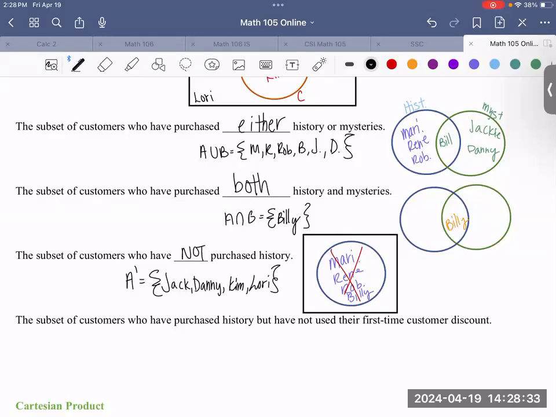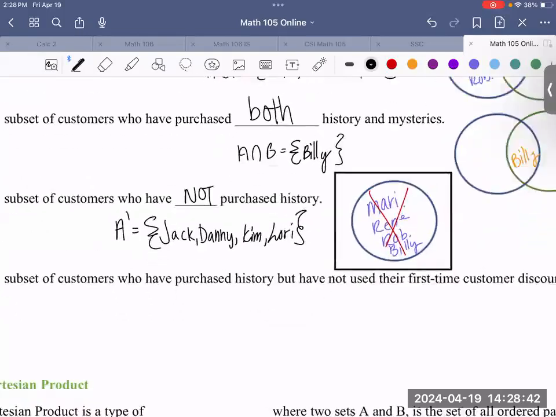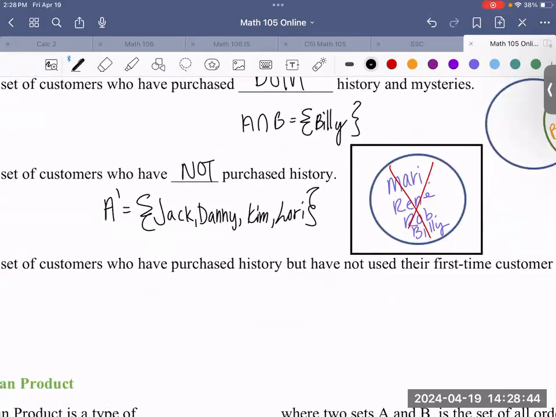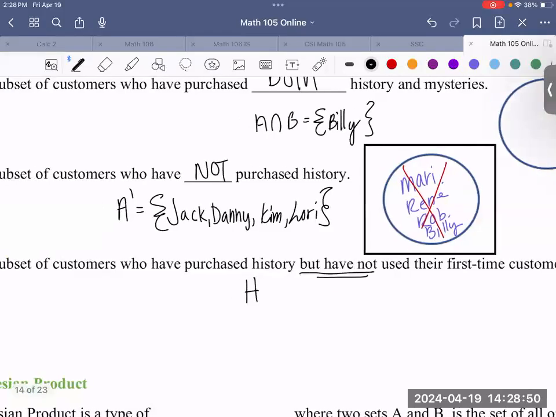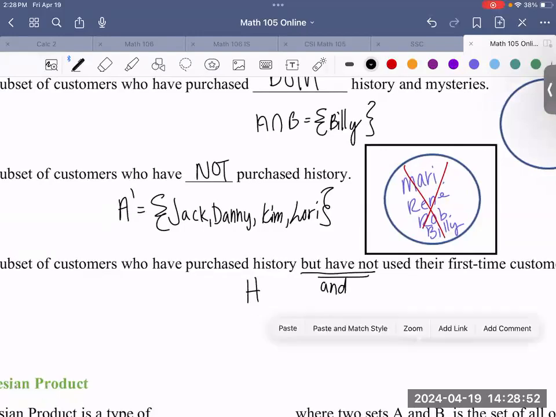And the last one, it says the subset of customers who have purchased history but have not used their first time customer discount. So this means they are found in history, but have not. But have not is just another way to say and. So if you see the word but or however, it's just a fancy way to say and not.